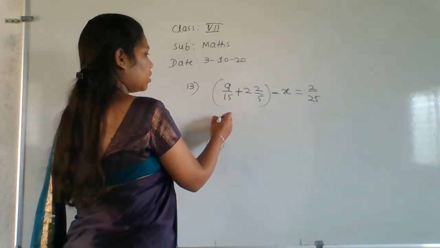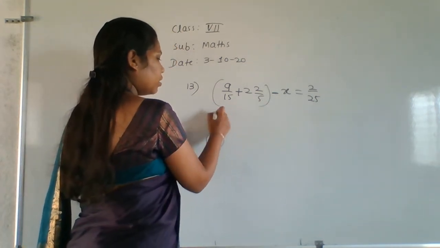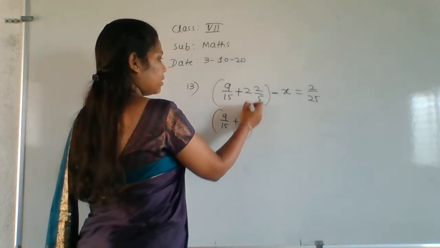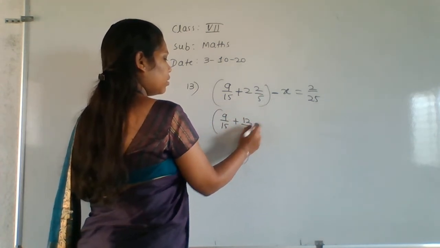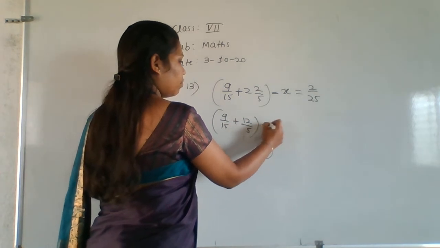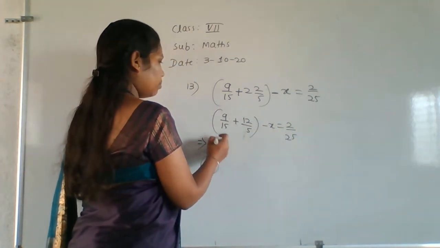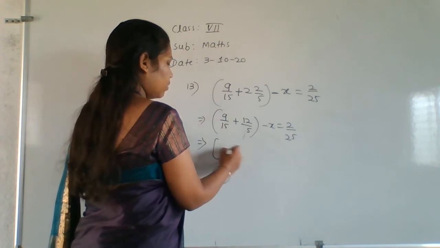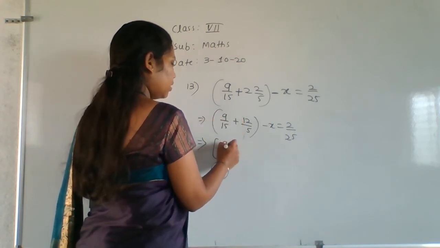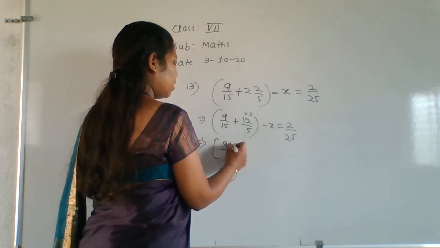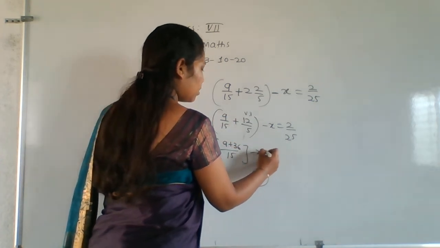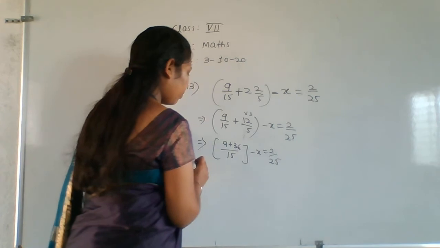See, first do the addition here. 9 by 15 plus 10 plus 12 by 5 minus x equals 2 by 25. Which implies that 15 9 plus here 3 means 36 minus x is equal to 2 by 25.